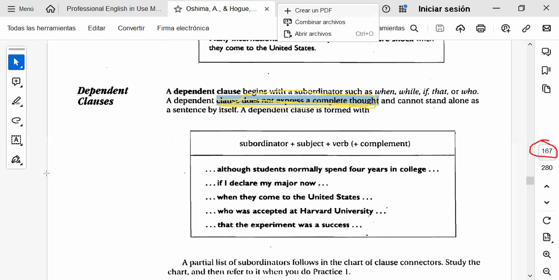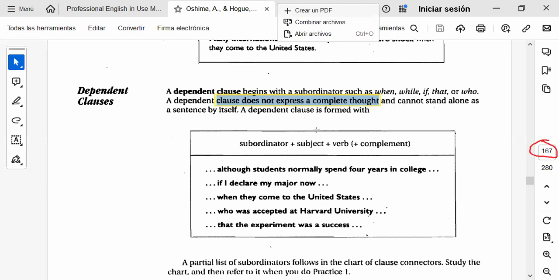Sorry. Let me see. Okay, so I can underline. I can make a square like this, highlighting the thought.